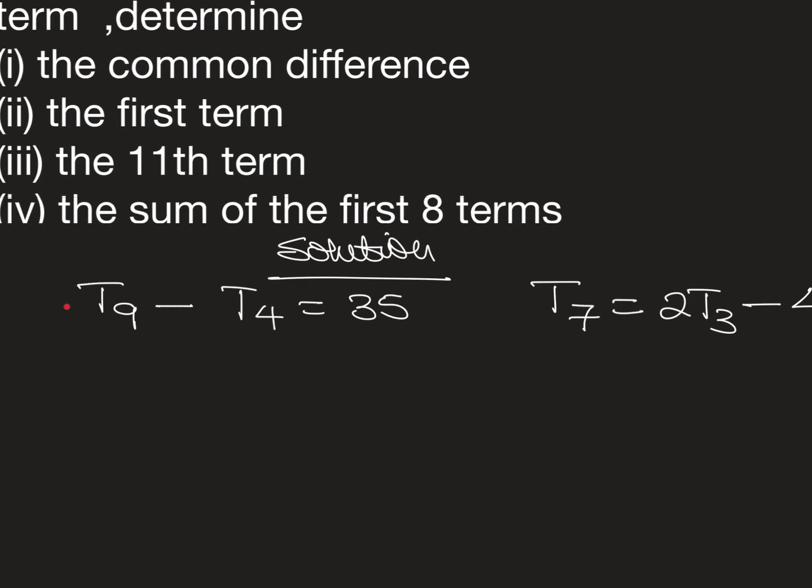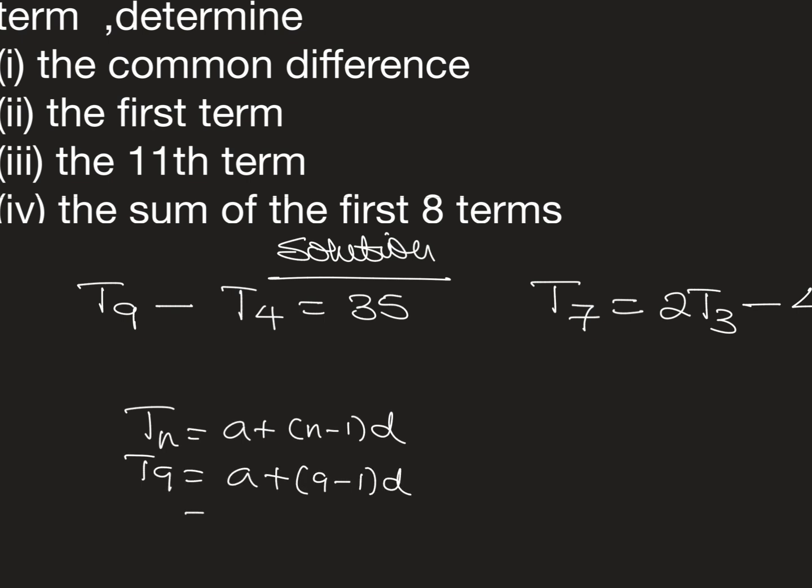So for this expression, if I have t sub n is equal to a plus n minus 1 times the difference, the 9th term will be a plus 9 minus 1 times the difference. So that will be a plus 8d. So the 9th term is a plus 8d, right? So let's write that for the 9th term is a plus 8d.